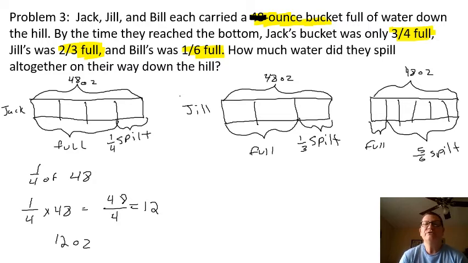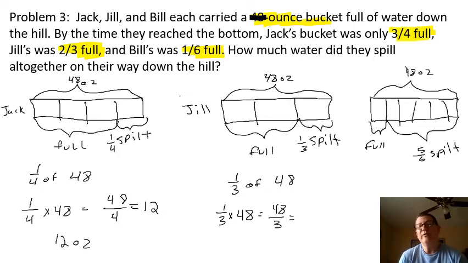Now over here it says Jill spilled 1/3 of 48. Now once again, that means 1/3 times 48 would equal 48 over 3, which 3 goes into 48. Let's try that. 48 divided by 3. 3 goes into 4 one time. 1 times 3 is 3.